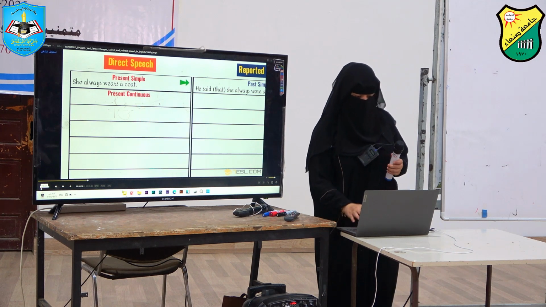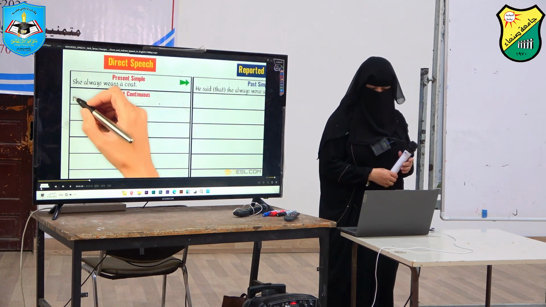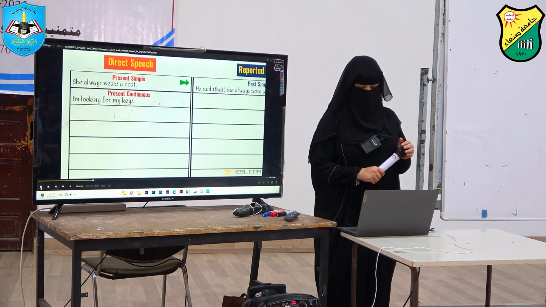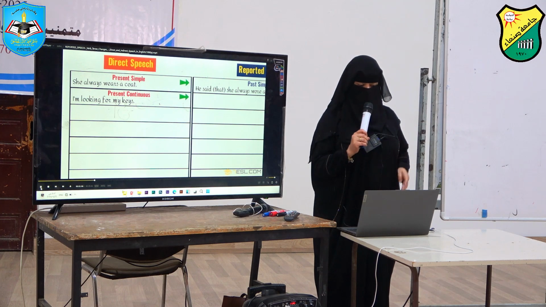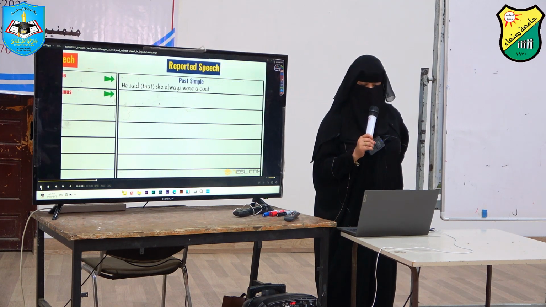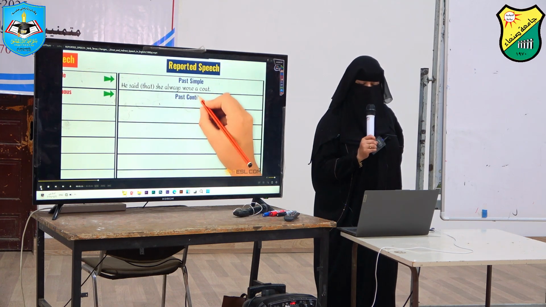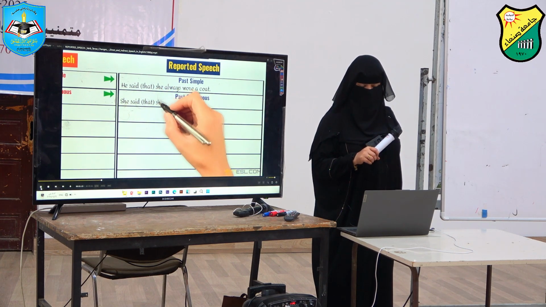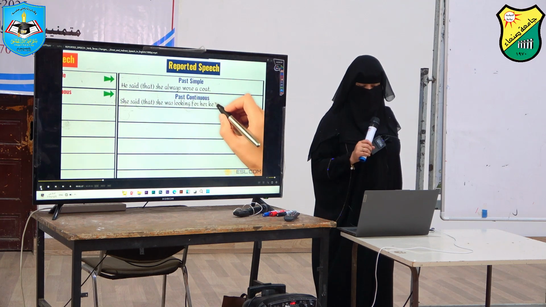Present continuous. Looking for my keys. This is present continuous. It's going to be past continuous. She said that she was looking for her keys.